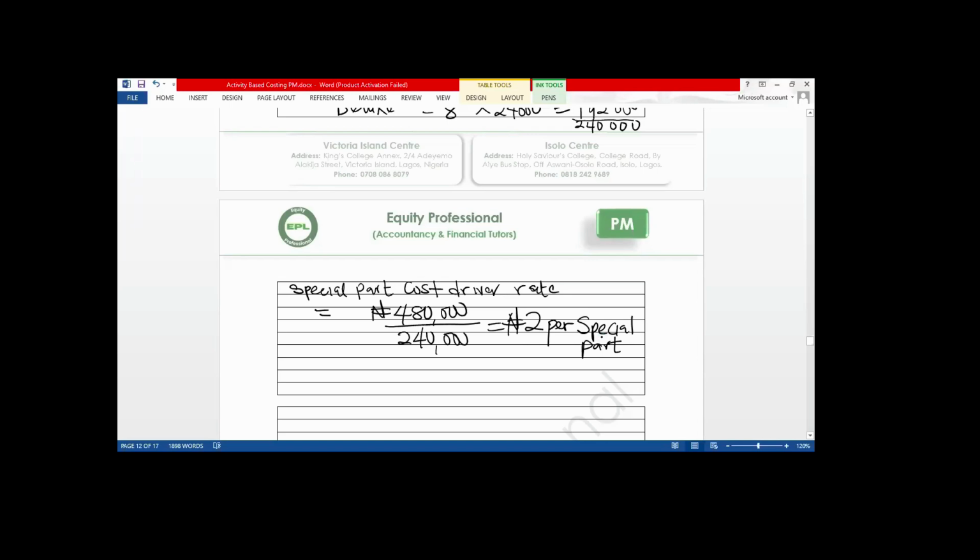If you write only ₦2, the examiner may ignore your answer. You need to tell us what the cost driver of special parts is, the major factor that influences the cost of special parts.